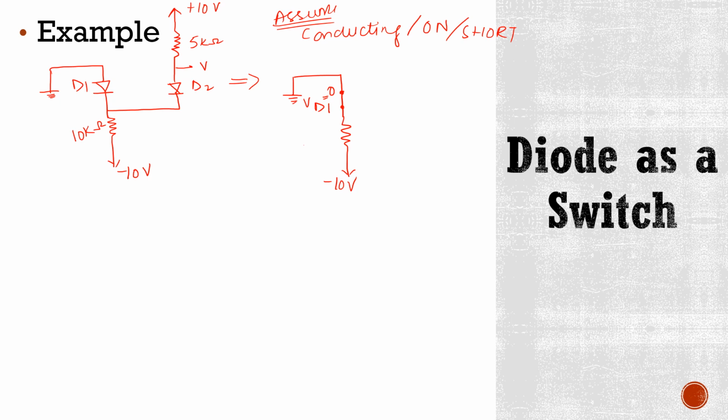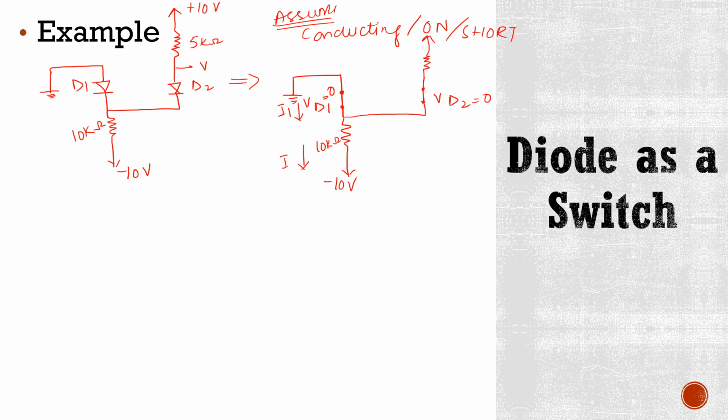This is the direction of I. This is 10 kilo ohms, and this is the direction of I1, which is flowing across this diode 1, and from here there is diode 2, which is also short, and here VD2 is also 0 because it is forward biased.